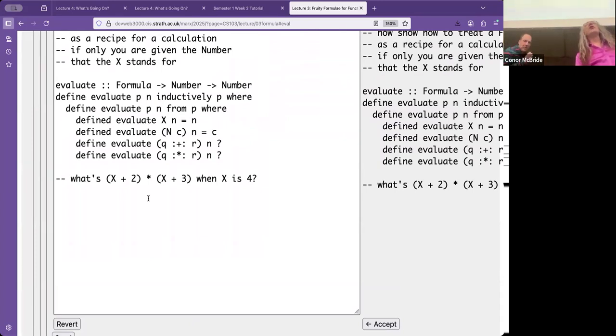Right. So now our formula says Q plus R, and we know still that N is the value of the variable. How would you do this calculation? If you see a formula that is something plus something and you evaluate it, what do you do?